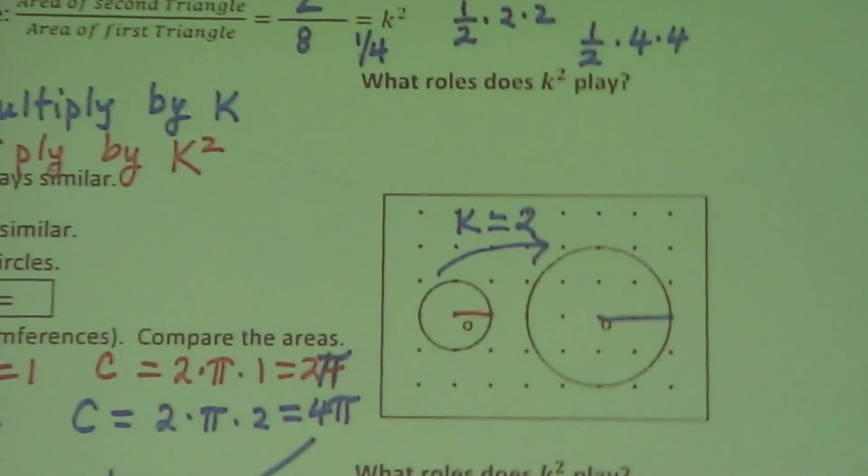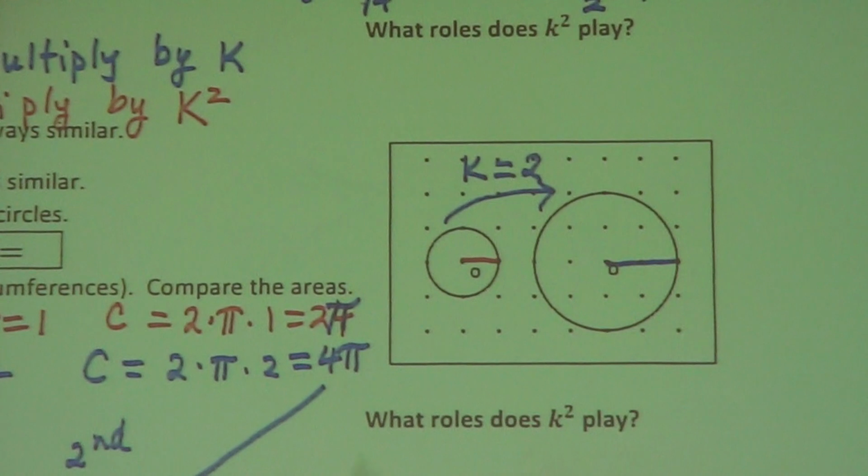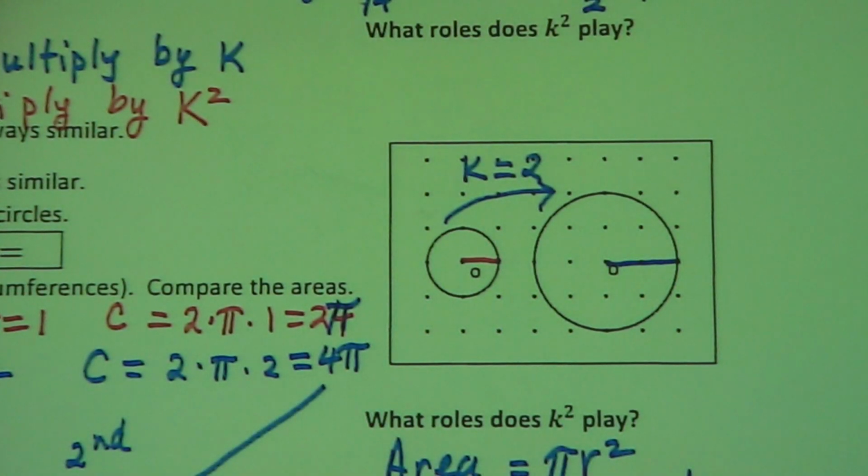Let's look at K squared. Area is pi r squared. So the first circle will be pi times 1 squared, which is pi. The second circle will be pi times 2 squared, which is 4 pi.